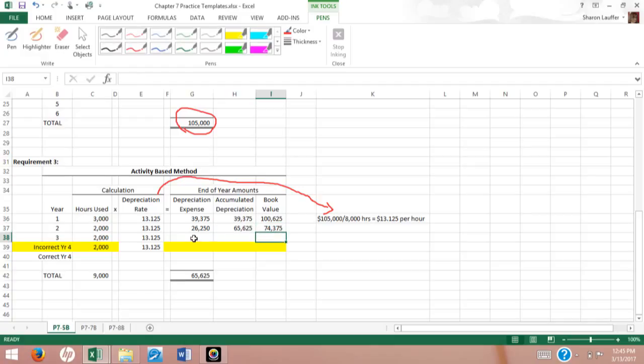Year 3, we're going to do exactly the same thing. So we're going to get $26,250 as the depreciation amount. We're going to add this amount to our previous accumulated depreciation, which gives us $91,875, which gives us a book value of $48,125.